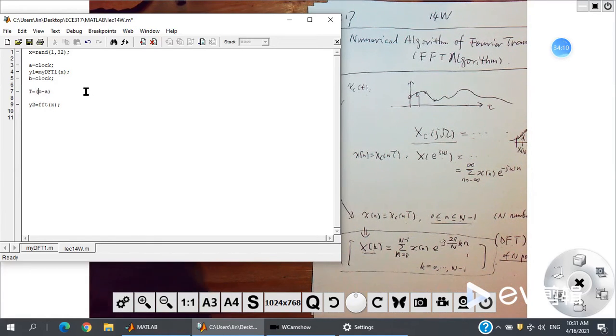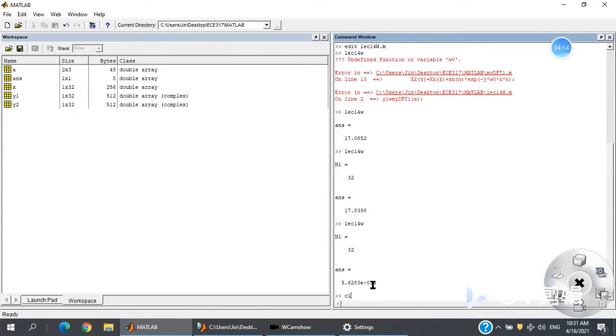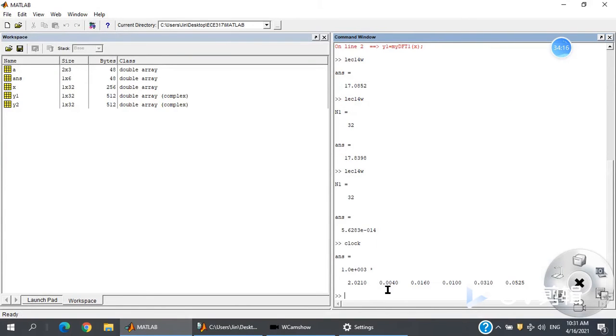The clock contains several values. Year, month, day, and then hour, minutes, and second. So the first three should be the same. Then the last three, I combine them together as seconds.